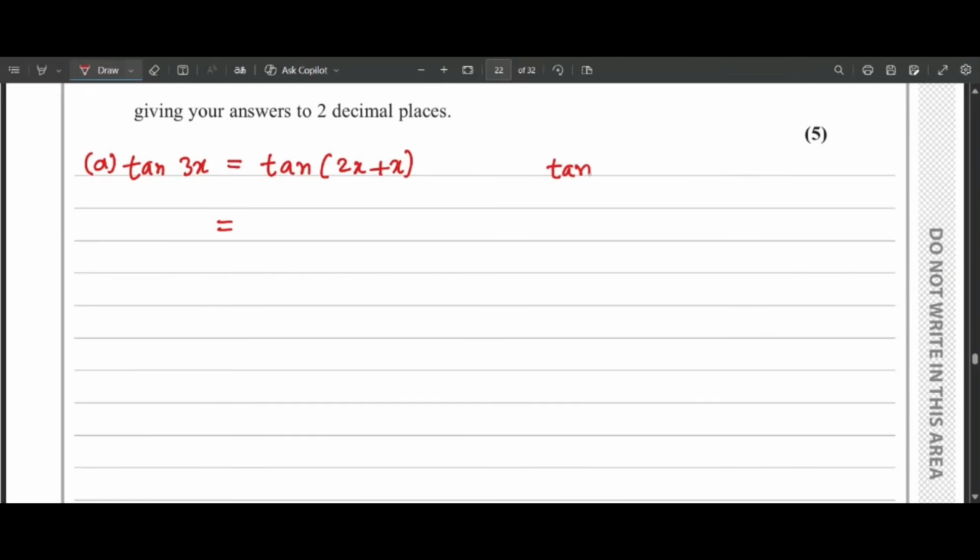We know that tan a plus b is equal to tan a plus tan b divided by 1 minus tan a into tan b. This is the identity that relates the tan of the sum of two angles to its corresponding expression.